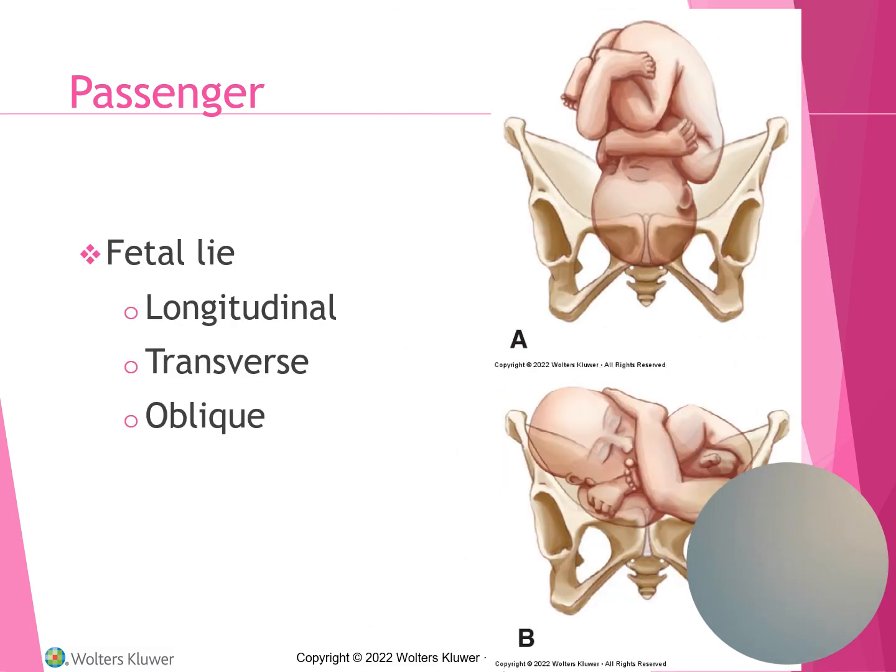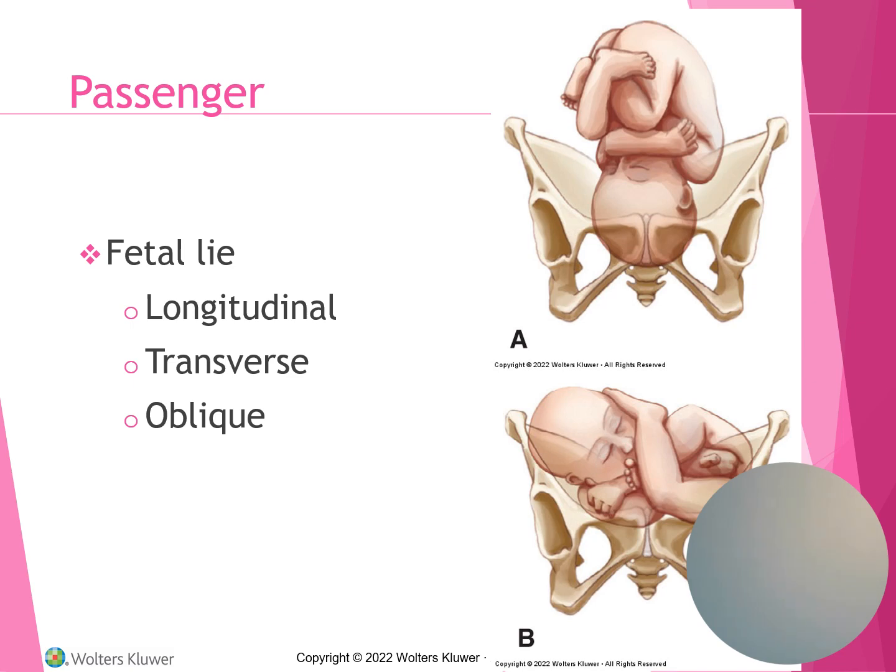It's also important to know what the fetal lie is. And we determine fetal lie according to the fetal spine in relation to mom's spine. Is it longitudinal? Is it transverse? Is it oblique? And fetal presentation, which is going to be the part of the fetus that enters the pelvic inlet first.